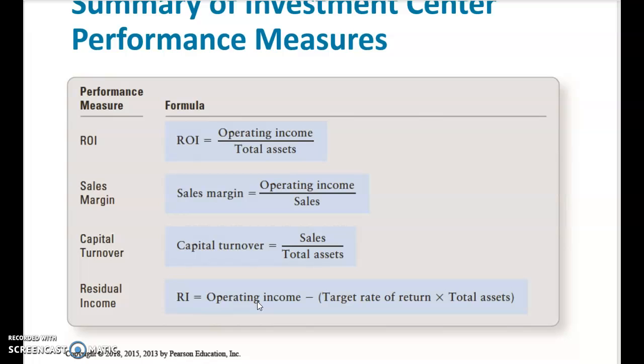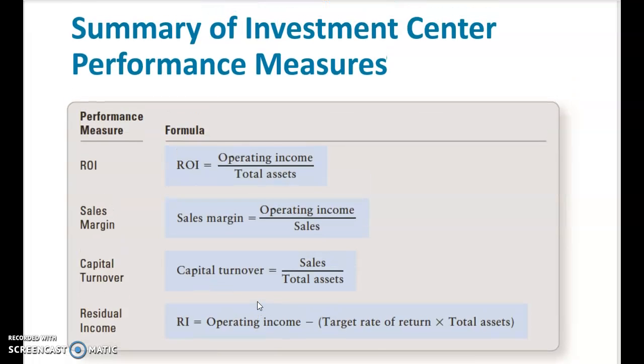And these are the performance measures that we looked at for an investment center so far. We've got return on investment, operating income divided by total assets. Sales margin, operating income divided by sales. Capital turnover, sales divided by total assets.